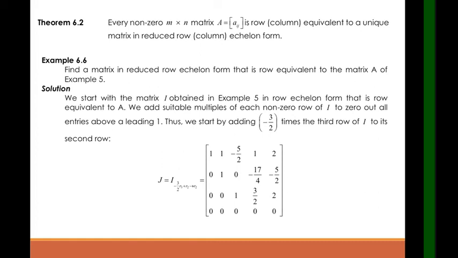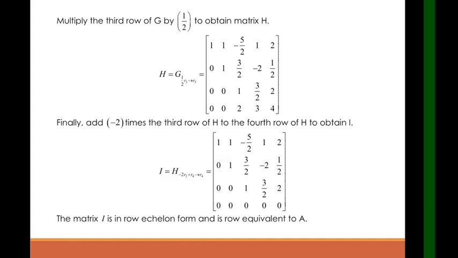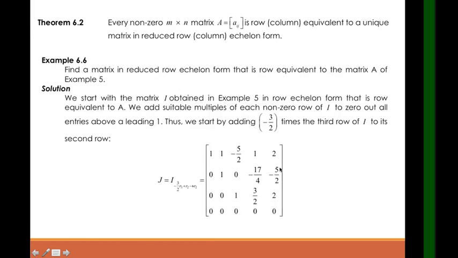So, gamitin natin yung example natin dito sa letter I, ito na yung value ng letter I natin. Kanina, elementary lang yan, row column operation. Now, we will use reduced row echelon form that is row equivalent to the matrix A.